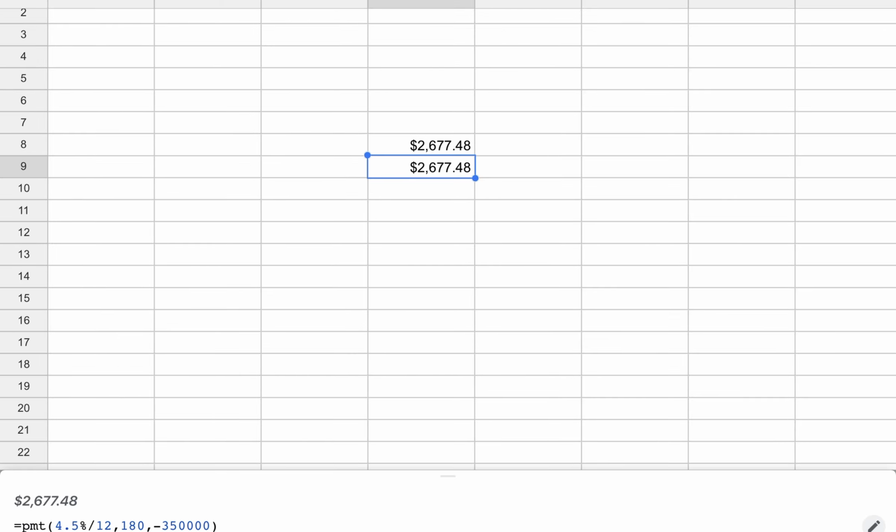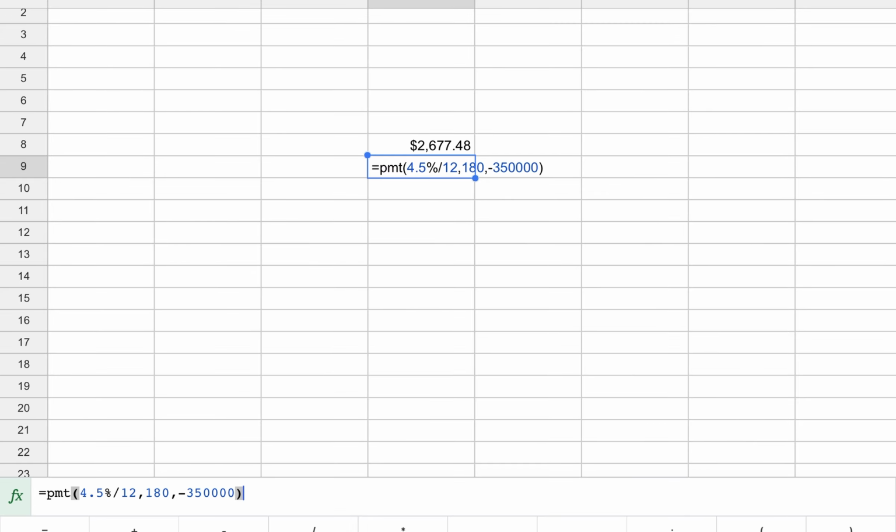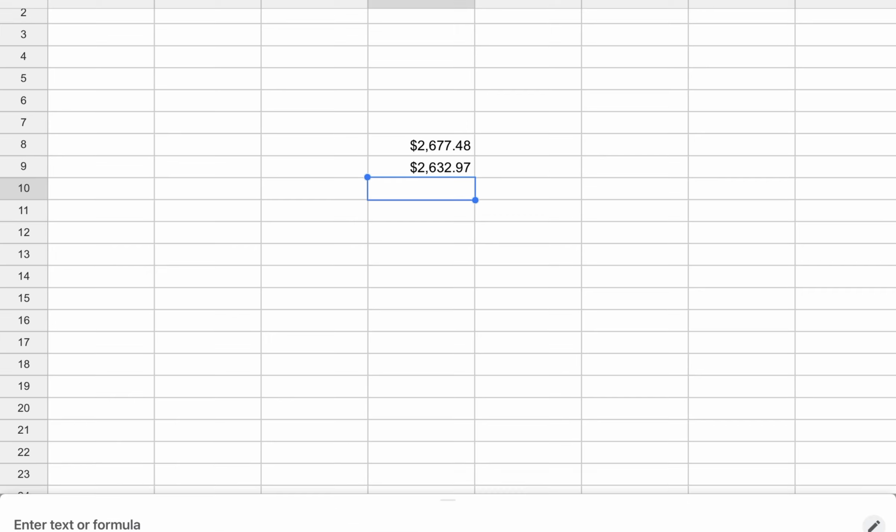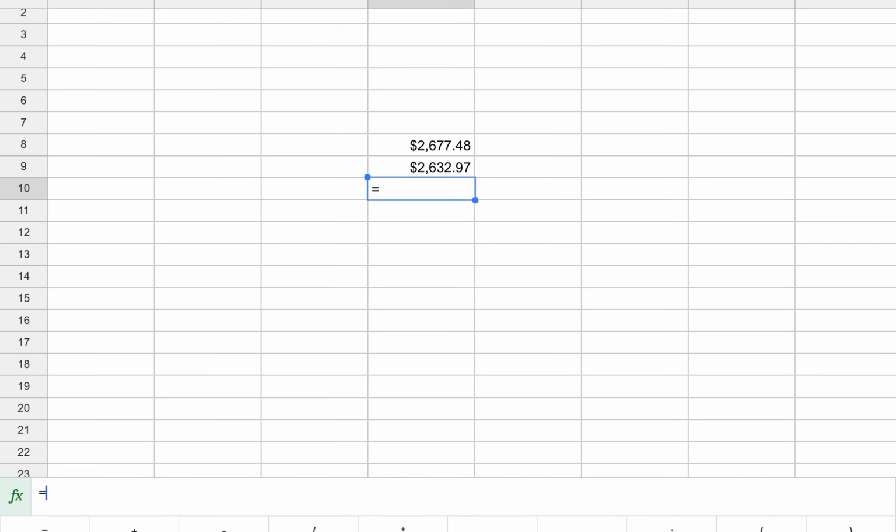Now we're going to do the same thing again, except we're going to change the percentage, because of the discount points, the rate now becomes 4.25%. And so that monthly mortgage payment is now $2,632.97. Okay, so now we want to know what that difference is, or what that savings is.